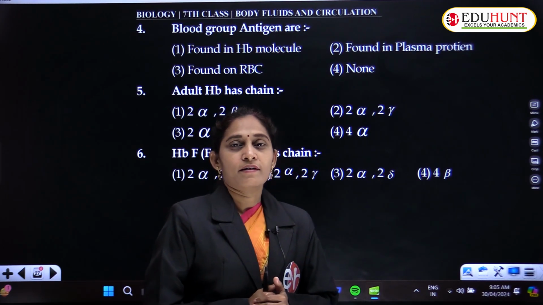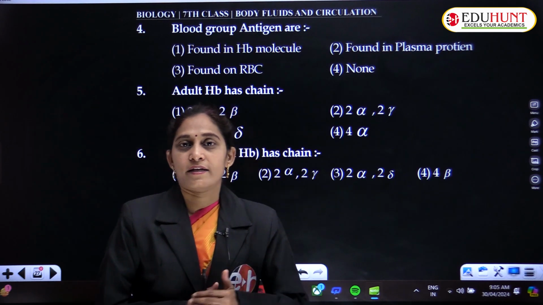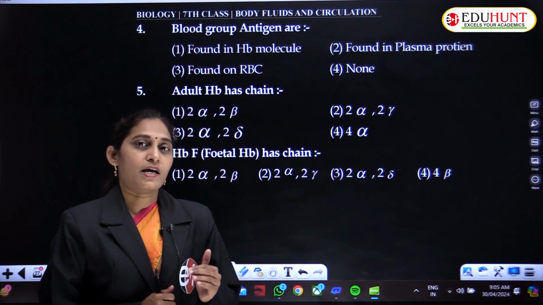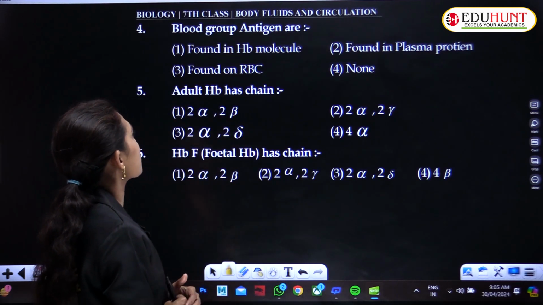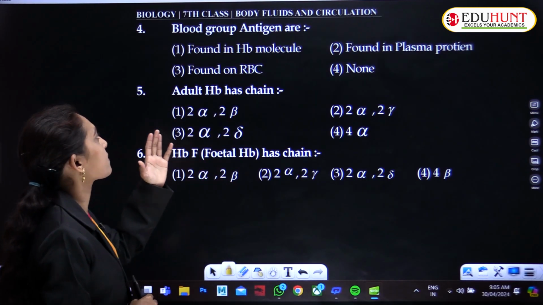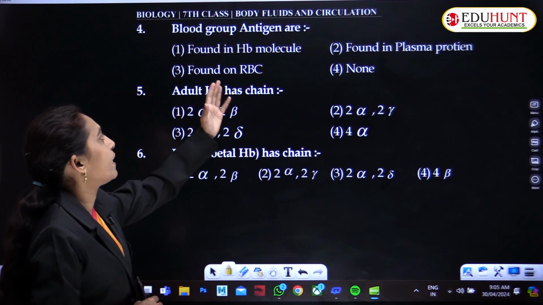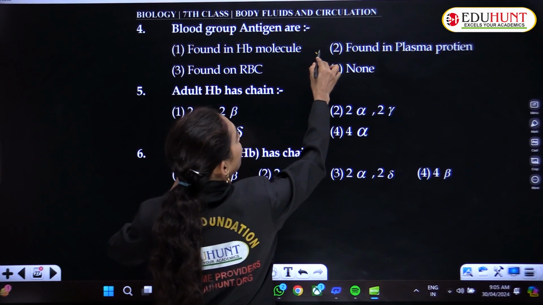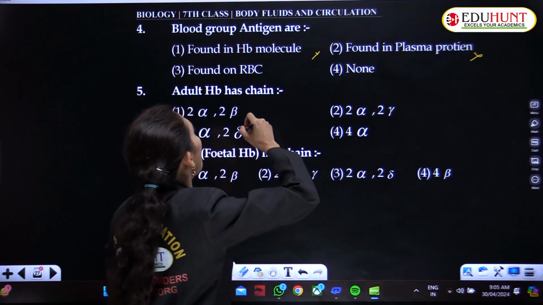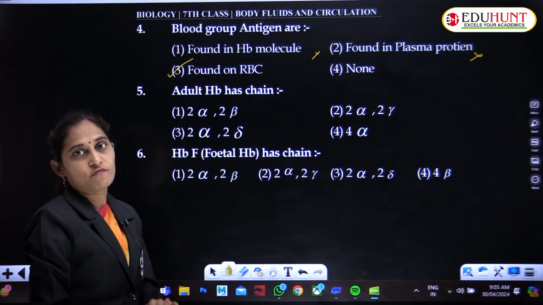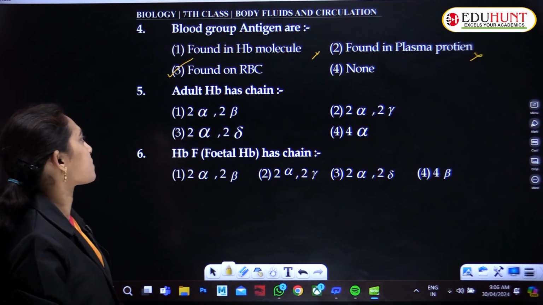Along with that, we have RH antigens also. RH are also present on the surface of RBC. Let's answer this question. Blood group antigens are found in HB molecule? No. Found in plasma? No. Found on surface of RBC? This is the correct answer.